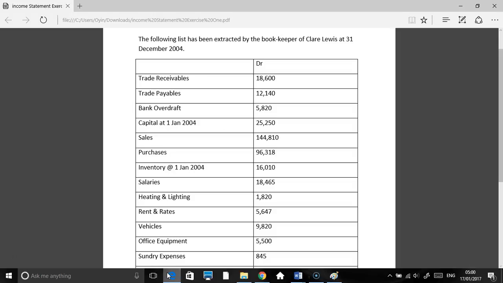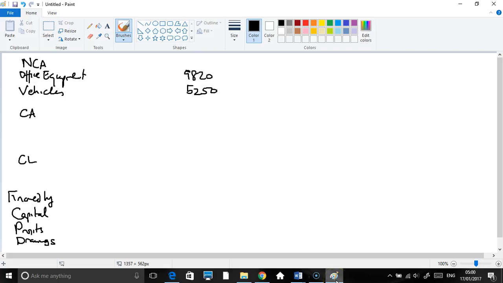I got these mixed up the other way. Office equipment 5500. And that's the other way, but it doesn't matter. You can see these are both the, just swap these. So these are your non-current assets.